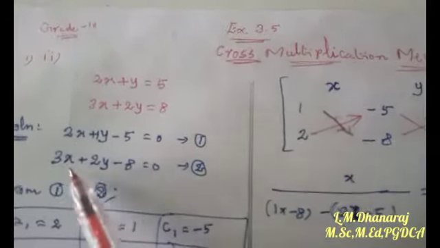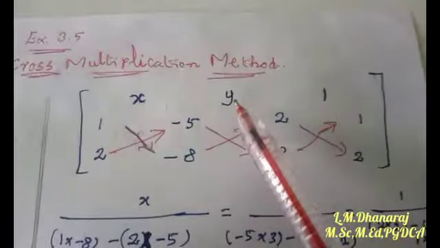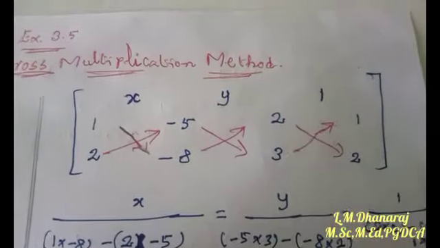So x is 2, 3 and the constant is minus 5, minus 8. Here we have already written minus 5, minus 8, so we write the x terms 2 and 3. And for the constant term, we leave the constant term and write the coefficients of x and y, that is 1 and 2.